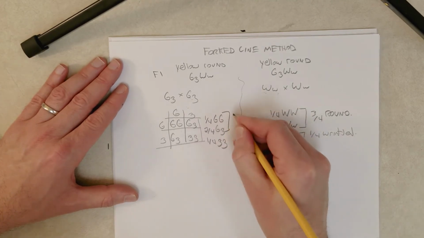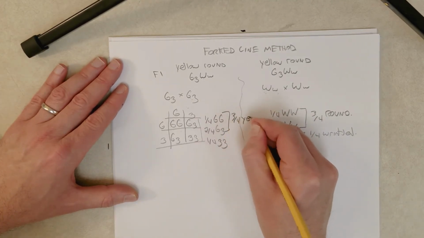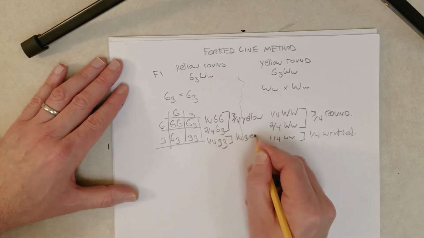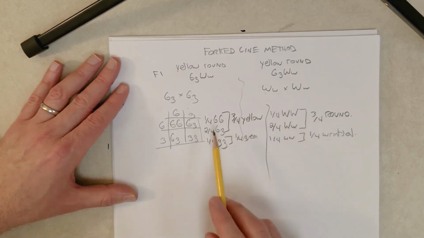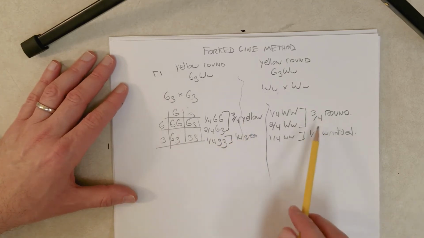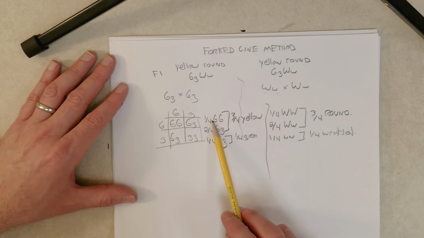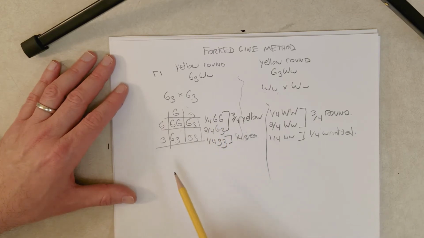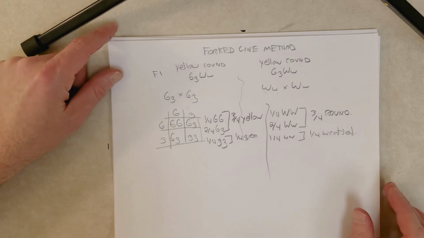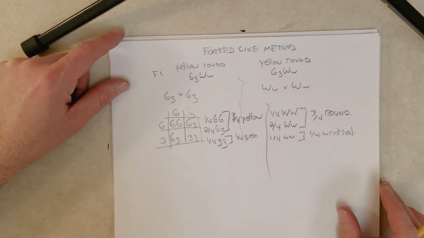Over here, 3/4 will be yellow. 1/4 will be green. Okay, so now we can use the phenotypic ratios here of 3:1 and the genotypic ratios of 1:2:1 with the forked line method to figure out what the genotypic ratio and phenotypic ratio of the F2 progeny will be from the dihybrid cross.